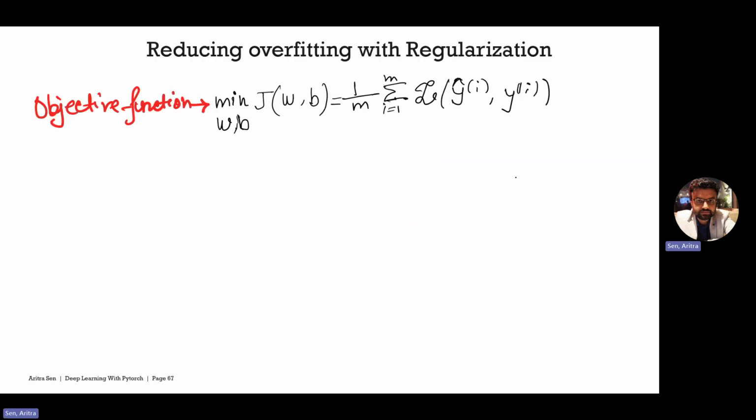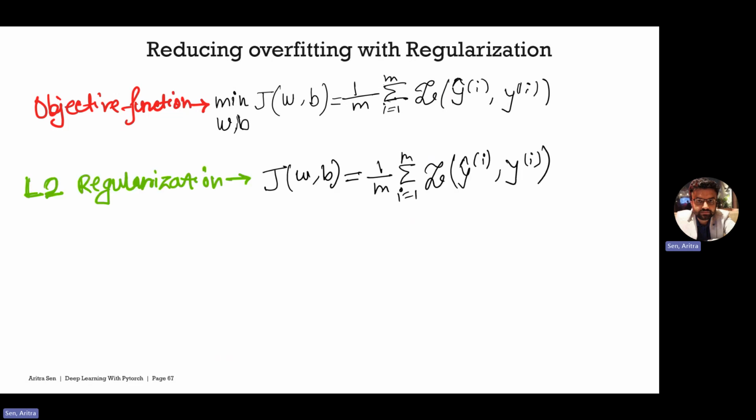Now let's try to understand what regularization is and how it solves the problem of overfitting. Generally we have an objective function where we try to find the optimal values of W and B, weights and biases, so that your loss, or the cost function, is minimum. So what do we do differently in case of L2 regularization?